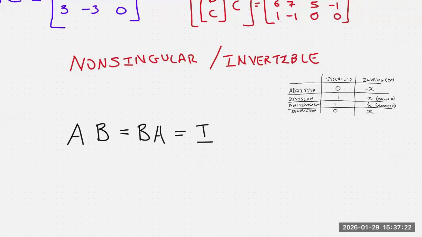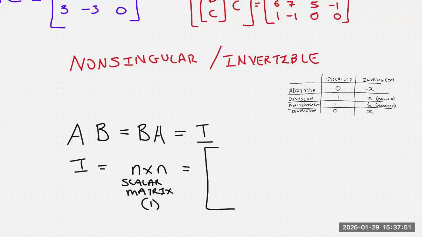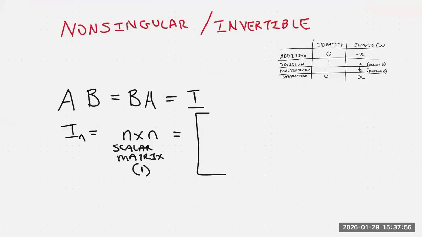Now, the identity matrix I mentioned before is an n by n scalar matrix, where the scalar is 1. Just to make sure everybody understands, I'm going to give you a diagram for it here. So I is an n by n scalar matrix, and the scalar is 1.